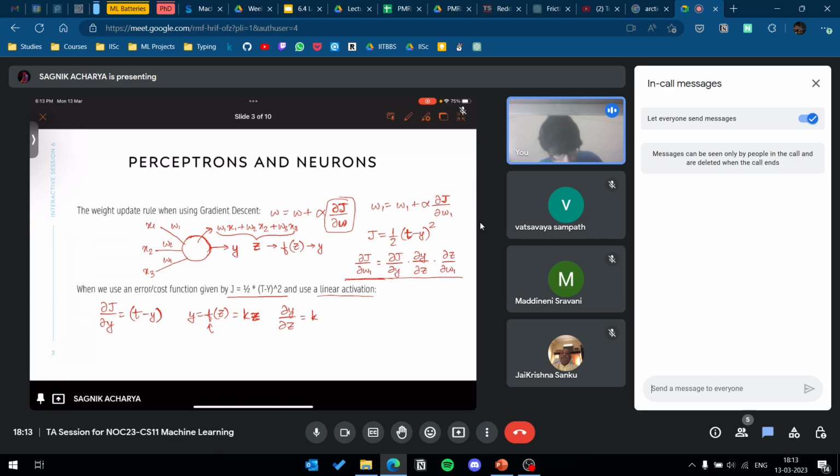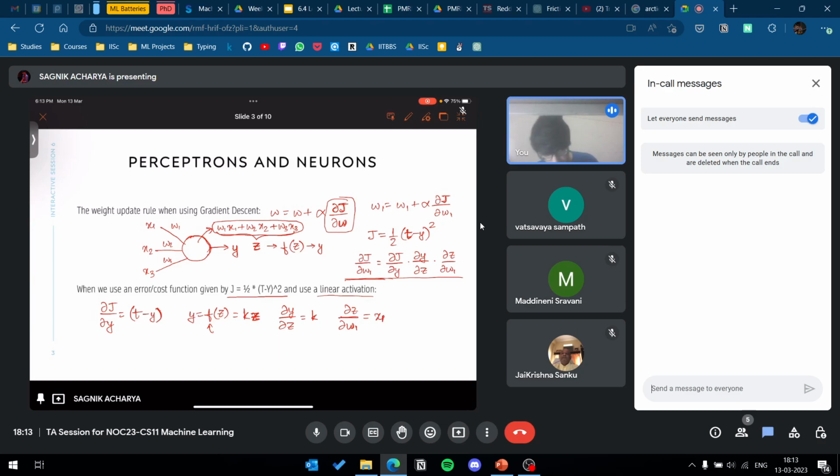And finally we have del z by del w1. Z is equal to w1 x1 plus w2 x2 plus w3 x3, so del z by del w1 is x1, right?